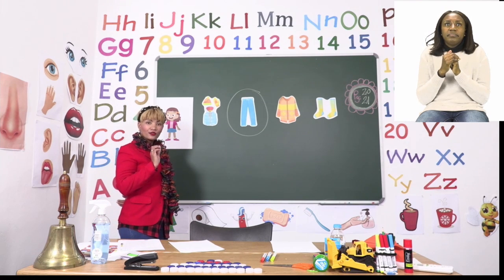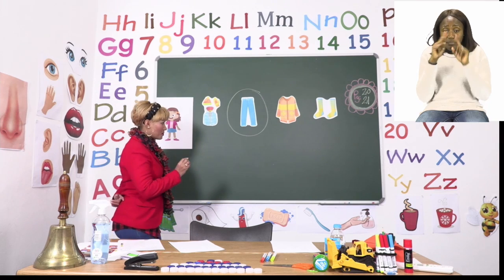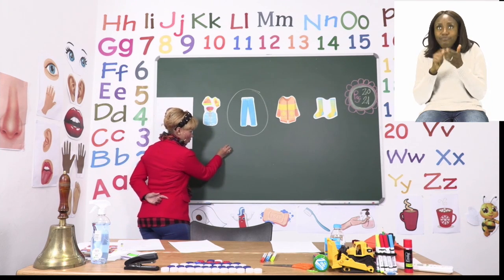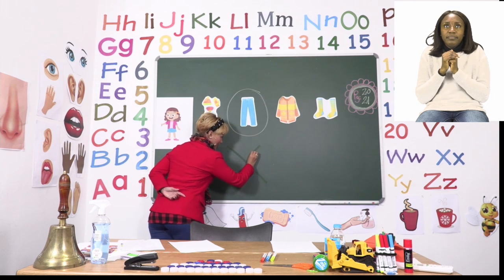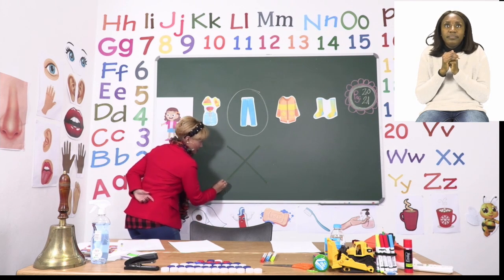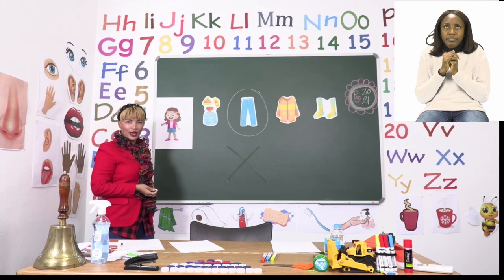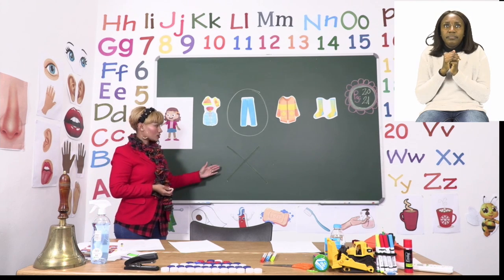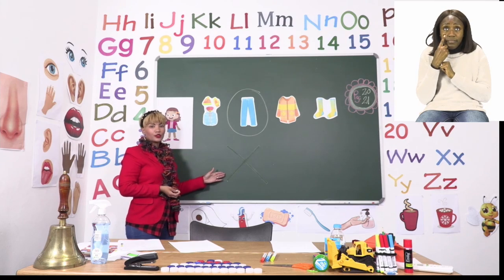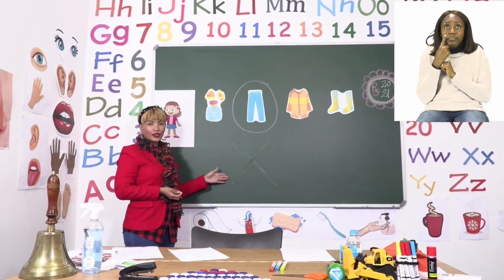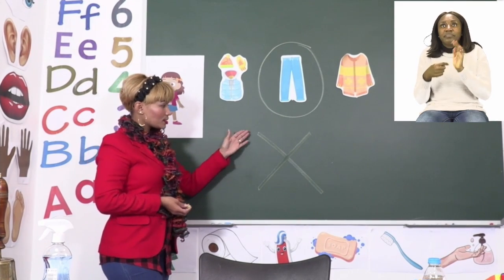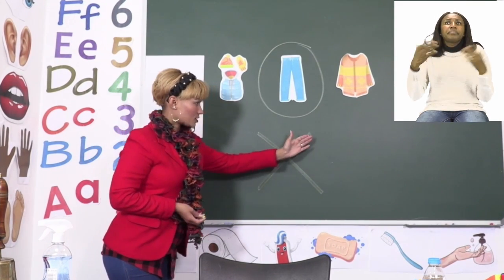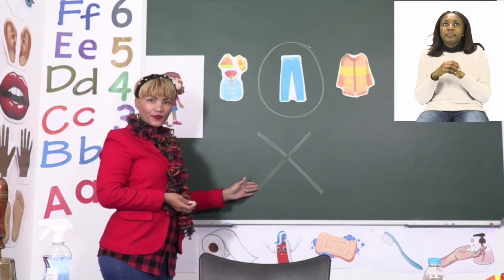So when you make a cross, you need to remember to make one line down and another line across that one line. Can you all see the cross on the board? So this is how you are going to make a cross. Two lines across each other.